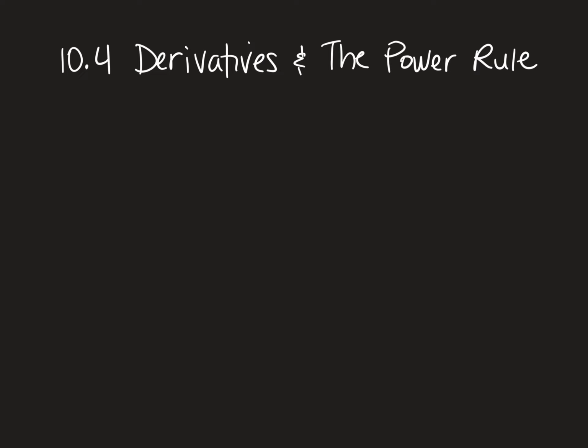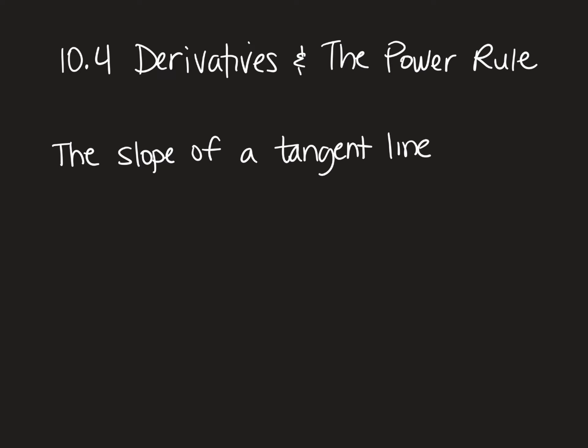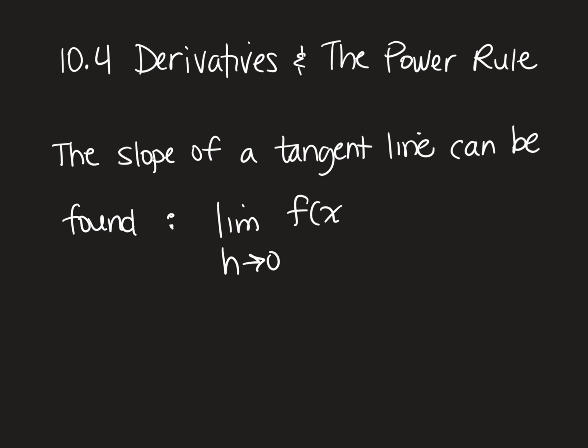So yesterday, we talked about the idea of the slope of a tangent line, which can be found using our limit, and this thing we've talked about now a few days this week. But here's the thing.